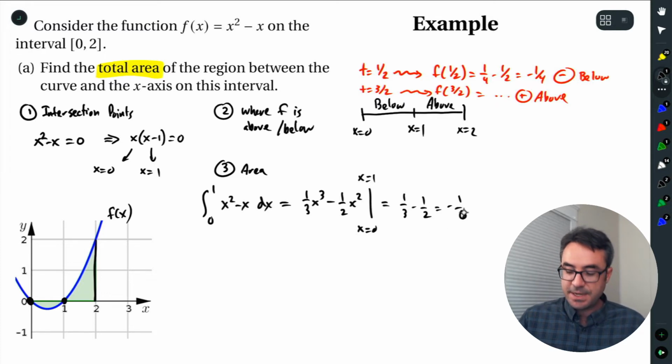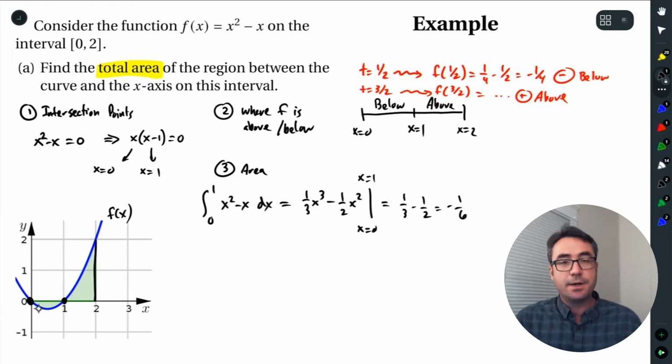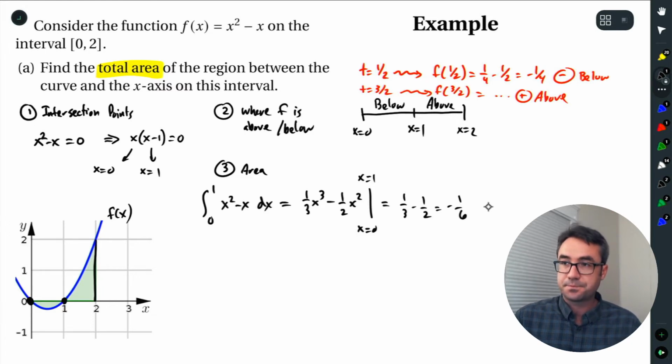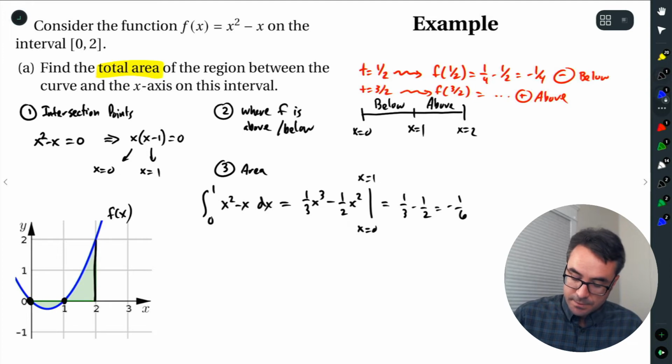Now what this represents, why is this negative? Well, if we're integrating from 0 to 1, the reason it's negative is because in between 0 and 1, our function is below the x-axis. So that means the area below is 1/6.